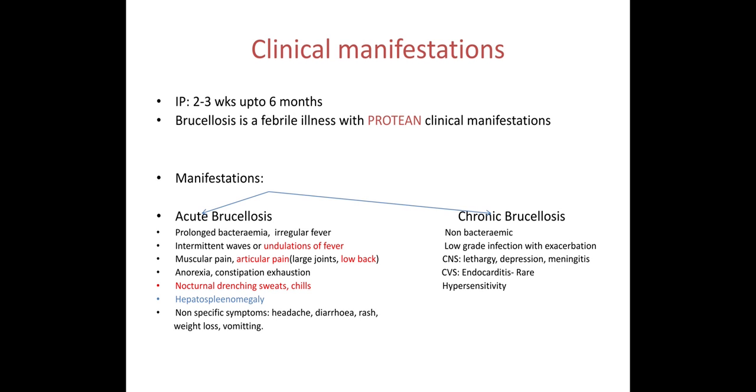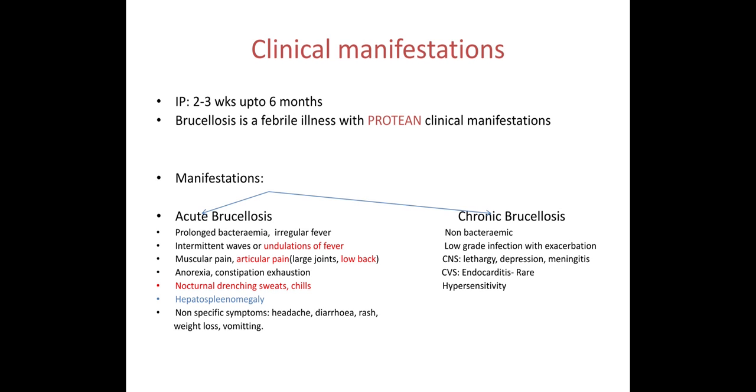These manifestations can be acute brucellosis or chronic brucellosis. Acute brucellosis is exhibited by prolonged bacteremia, wherein the patient will have irregular fever. The fever is typically undulant, means there are waves of fever.